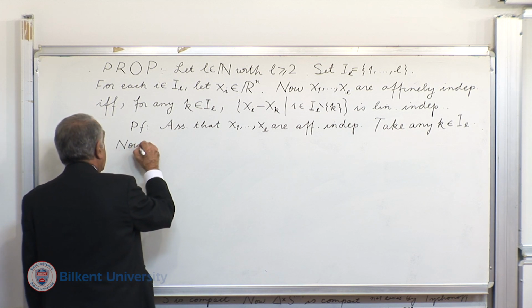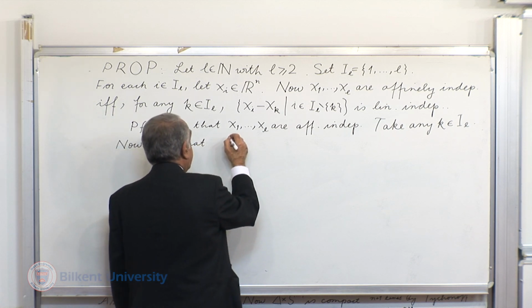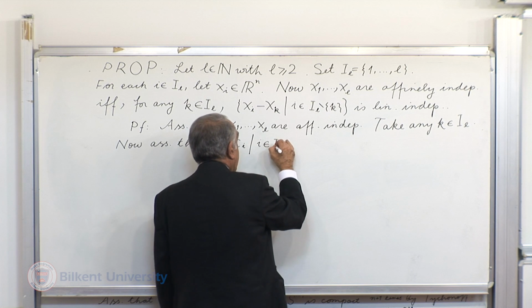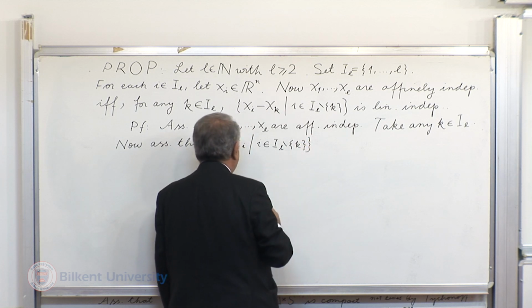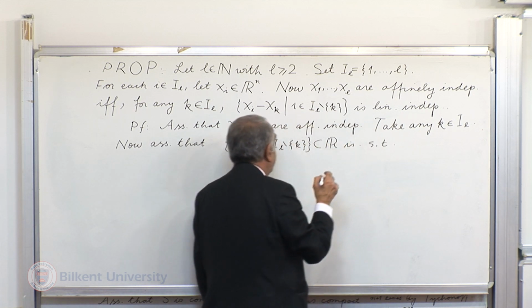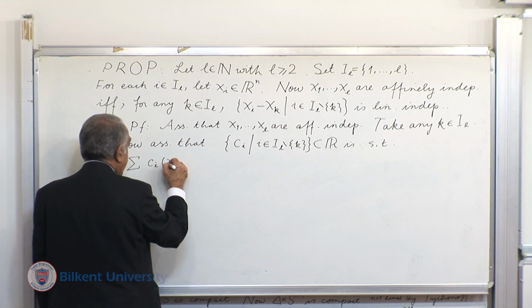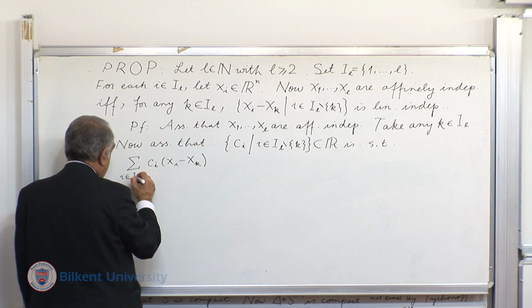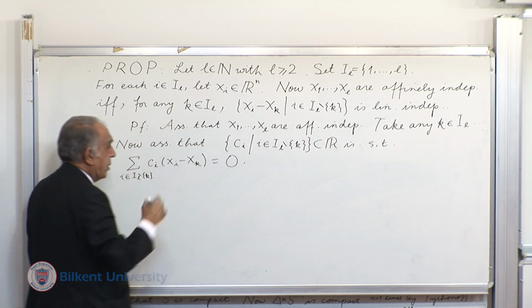Now, assume that c_i, i in I_L minus k, in R is such that the sum of c_i (x_i minus x_k), i in I_L minus singleton k, is equal to 0.